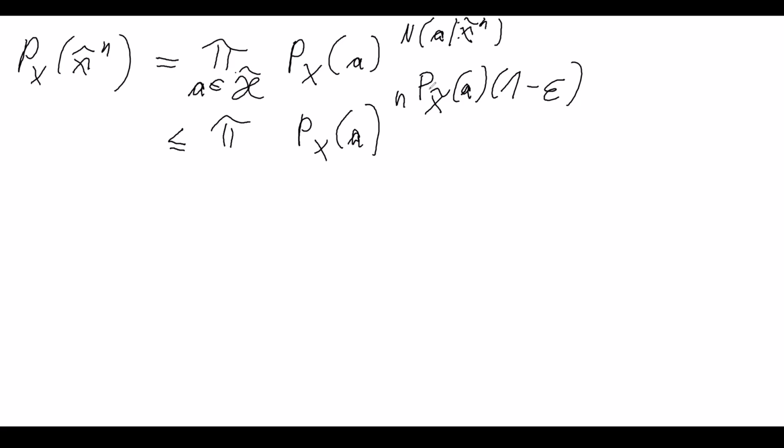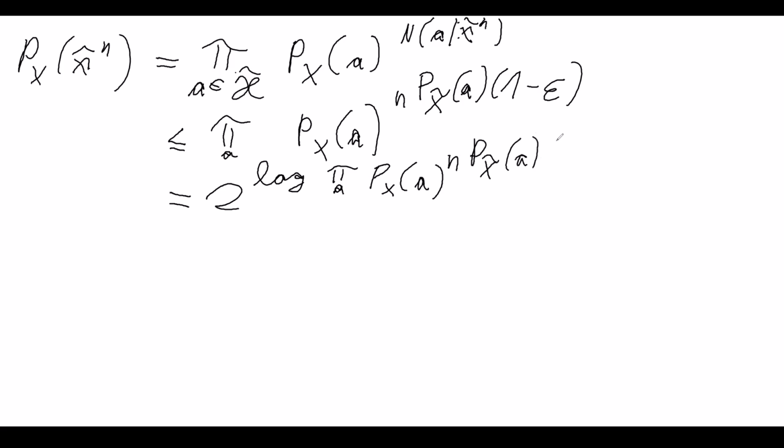This we can write now as 2 to the logarithm of the same product over all a, Px(a) to the power n Px̃(a)(1 minus epsilon). We only write it longer here. Now we have the logarithm of a product, which of course we can write as a sum.